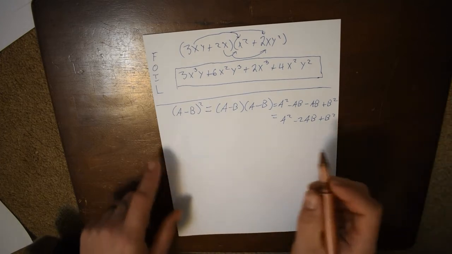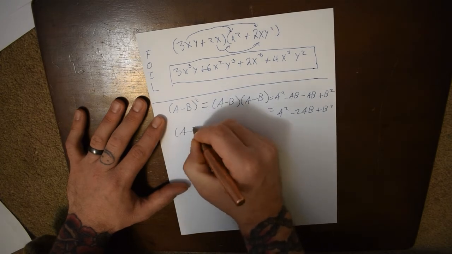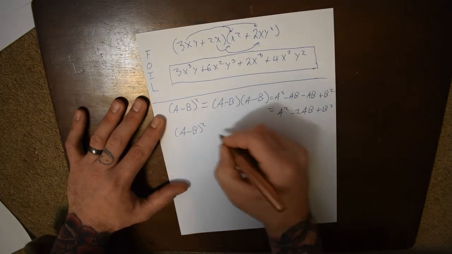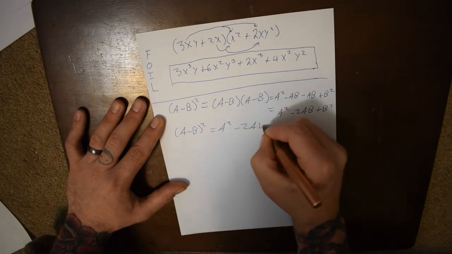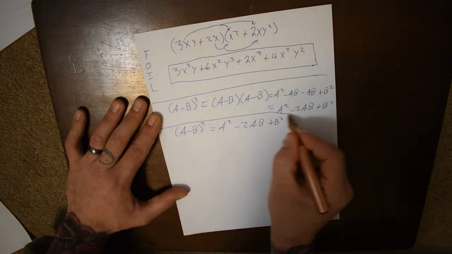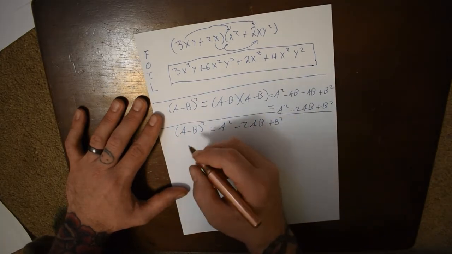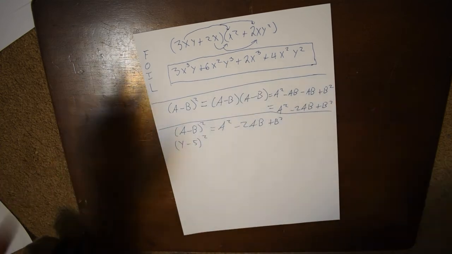So, how can we use this formula? (a minus b) squared is equal to a squared minus 2ab plus b squared. How can we use that formula to solve stuff like (y minus 5) squared?